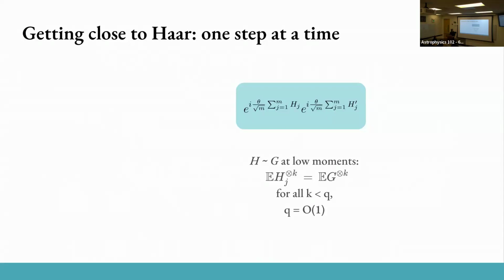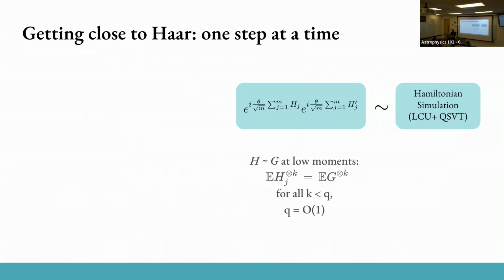Okay, so as I just mentioned, one of the key challenges of constructing T designs is to construct an ensemble that we think we can implement efficiently on a quantum circuit, and also we can analyze and say that it mixes, it looks very random and is close to Haar.